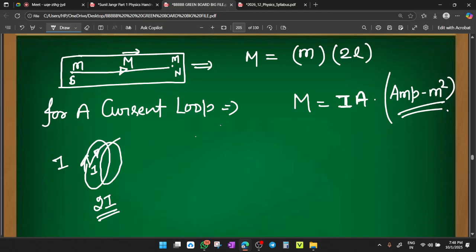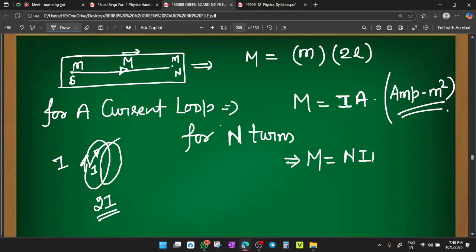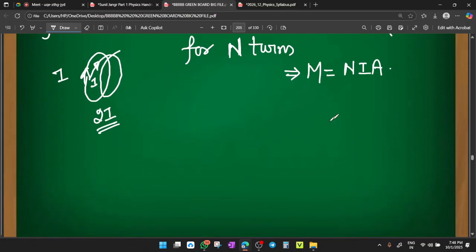So if there are N turns, then M equals N I A, right? For N turns, M equals N I A. Clear? For N turns, M equals N I A.